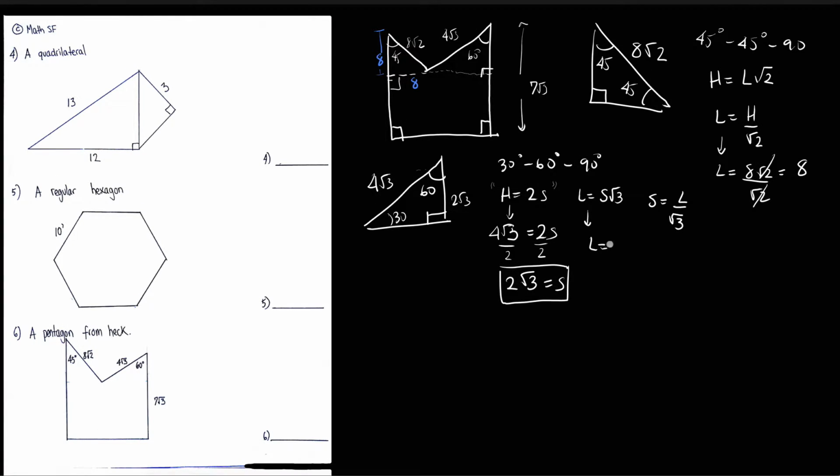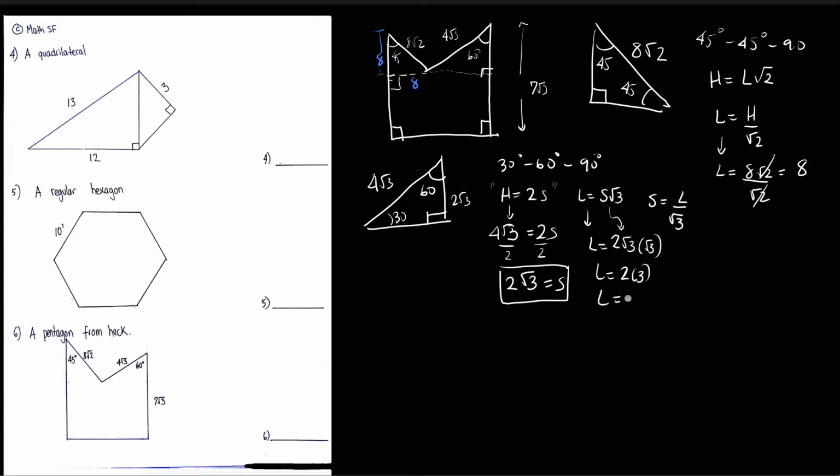Okay, so that should be, hold on, let me fix this part here. That should be 2 root 3 times root 3, right? Because that's where s goes. So L is equal to 2 times root 3 times root 3, which is actually 3.